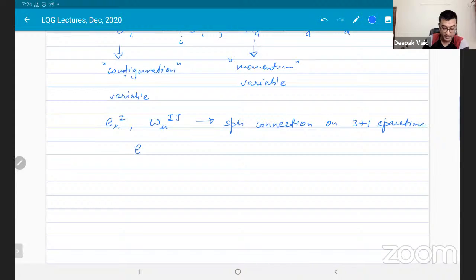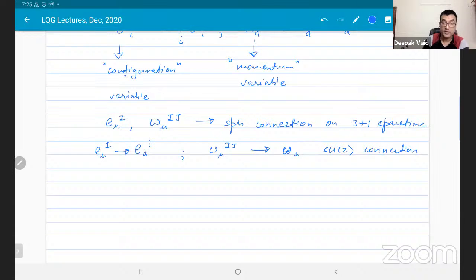So when we restrict the tetrad to three spatial dimensions, you are left with a triad. What happens to the connection? You will be left with an SU2 connection, omega ij.